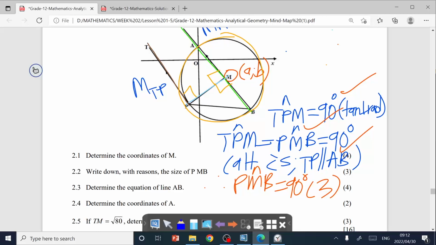Determine the equation of line AB. We want to find the equation of line AB. We are given the equation of PM. What is the relationship between line PM and line AB?